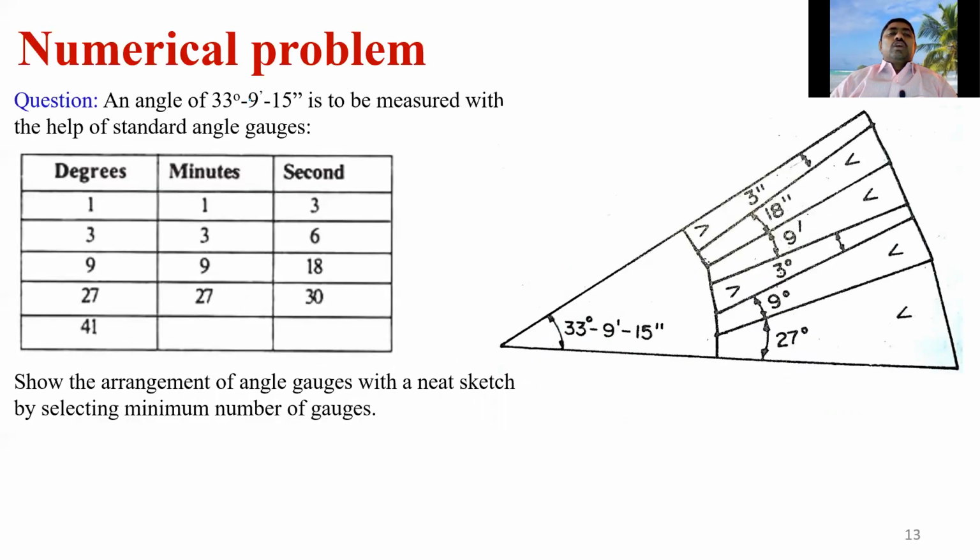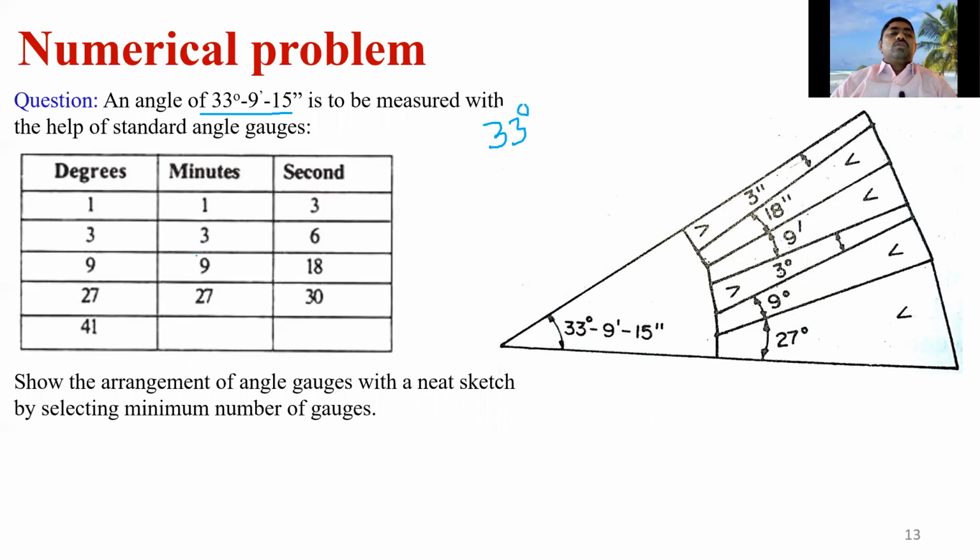This is the numerical problem we are considering for understanding how the angle gauges can be used for measurement. We want to make up the angle 33 degrees 9 minutes and 15 seconds with the help of the standard gauges. These are the gauges available. There is no slip gauge available for 33 degrees.